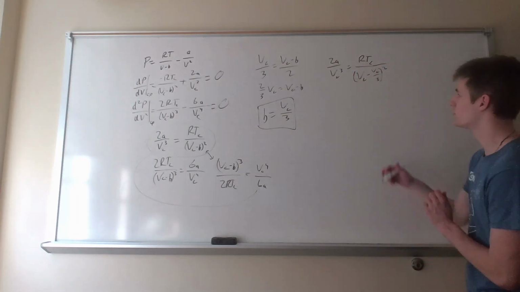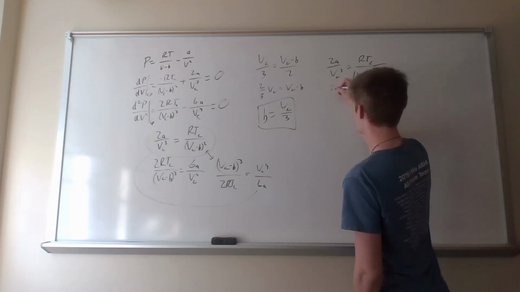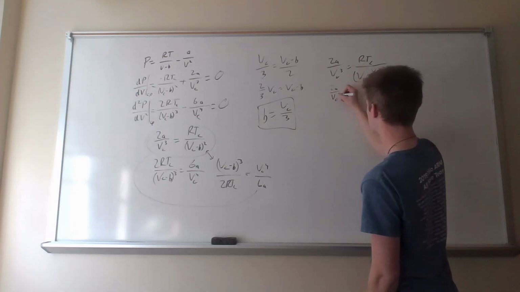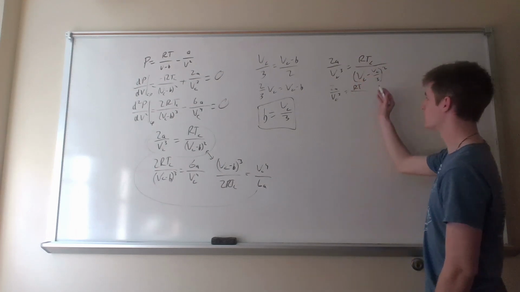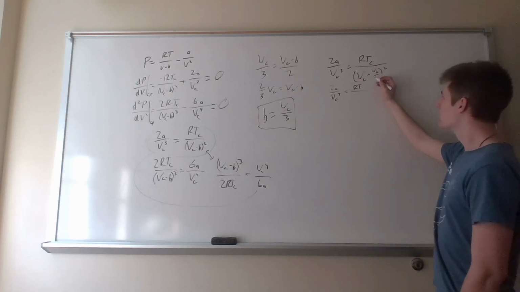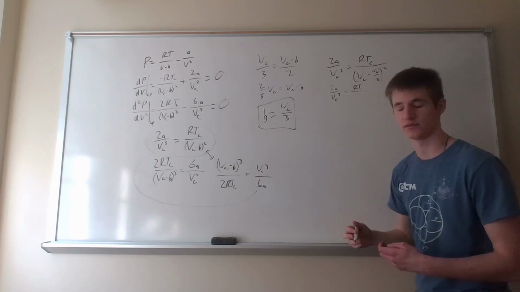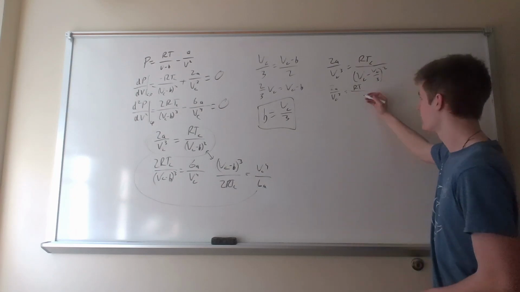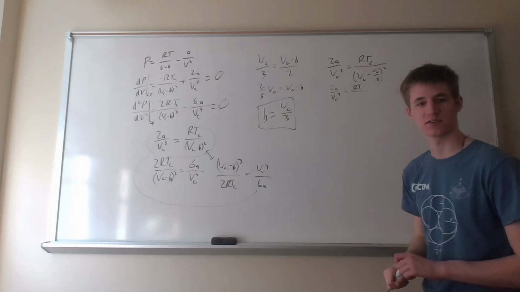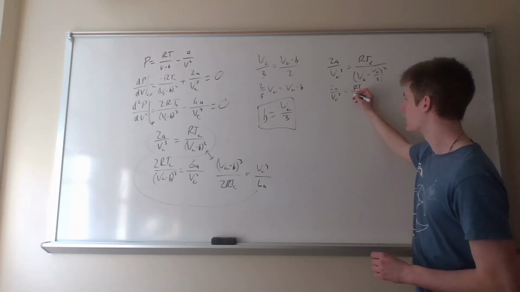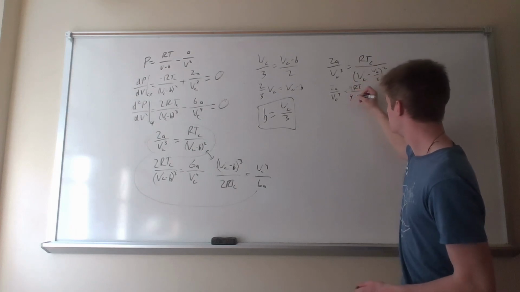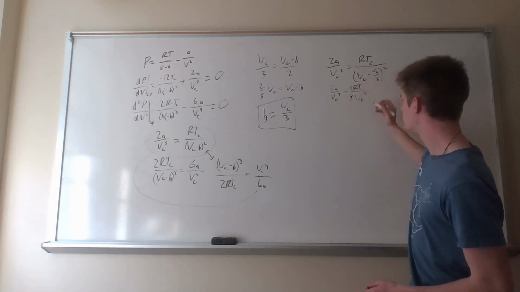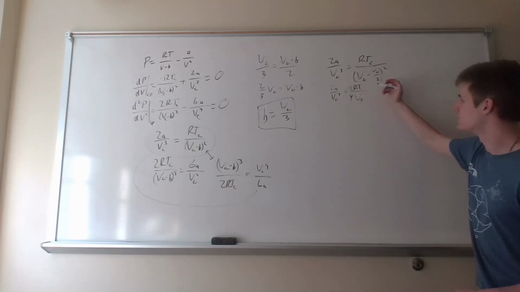And so this right side becomes RT over (2/3 Vc) squared, which means we have 4/9 on the bottom. So we can go ahead and flip that around. So 9/4 over Vc squared.